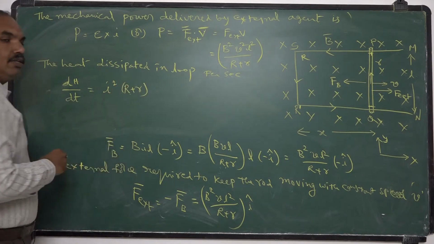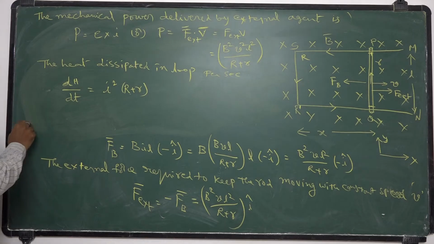You know that heat H, or Q, is equal to I square R T. This is the general formula. Already we know about it.